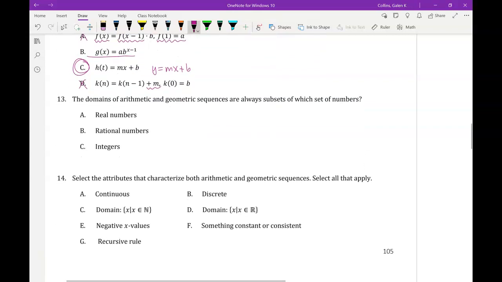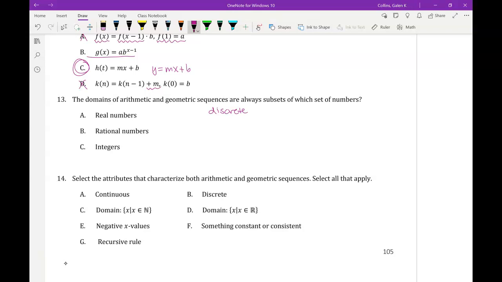All right, 13, the domains of arithmetic and geometric sequences are always subsets of which numbers? Since we're talking about sequences, we are now talking about discrete functions. So remember, an arithmetic sequence is a discrete linear function.